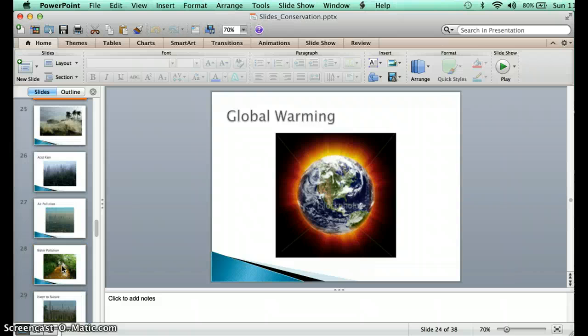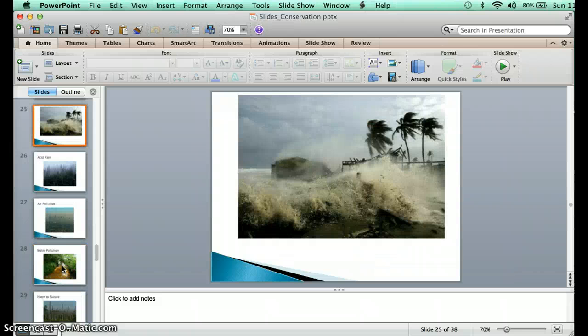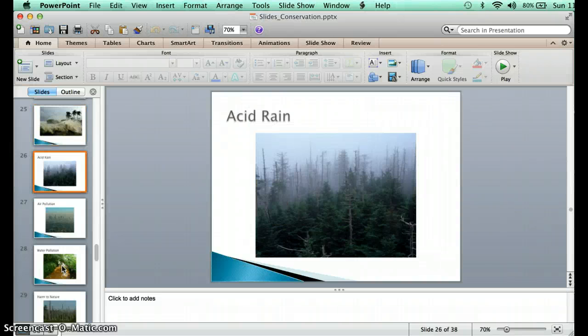So that can lead to a lot of different natural disasters and issues that happen when the temperature of the world is different than what it should be. Okay. Acid rain from the pollution in the air can happen, so that's when the rain literally gets polluted and it falls down and can destroy natural habitats and it's just dangerous to be around.